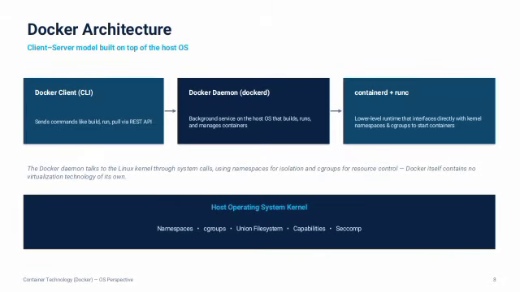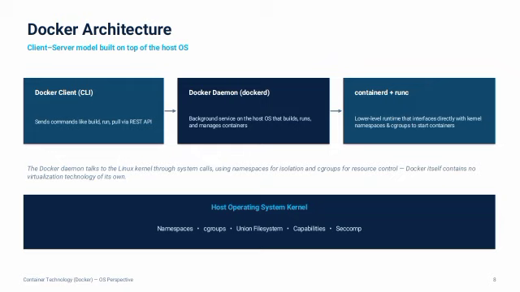Docker architecture. Let's zoom in and look at Docker's overall architecture, which follows a client-server model. The Docker client is the CLI tool you type commands into, like docker run or docker build, which send requests to the Docker daemon, called dockerd, over a REST API.